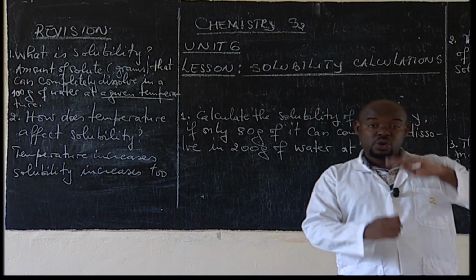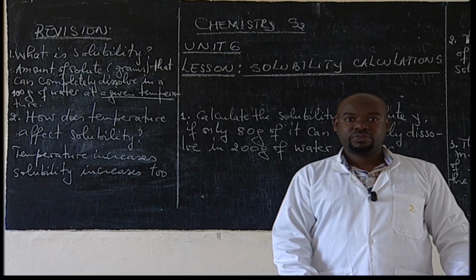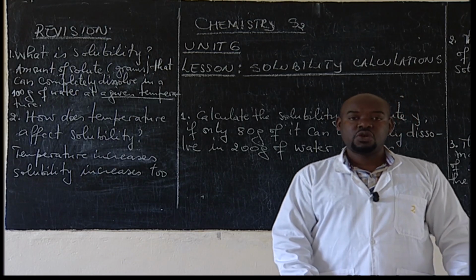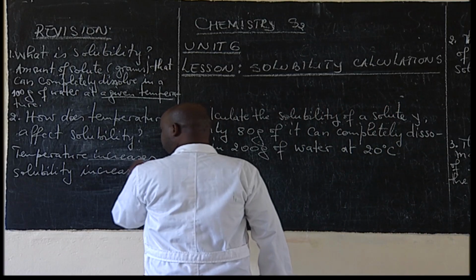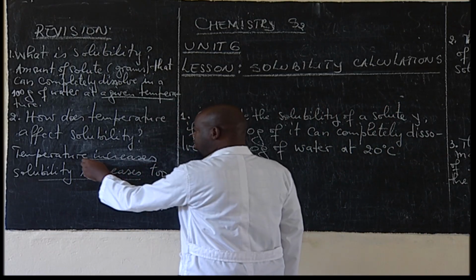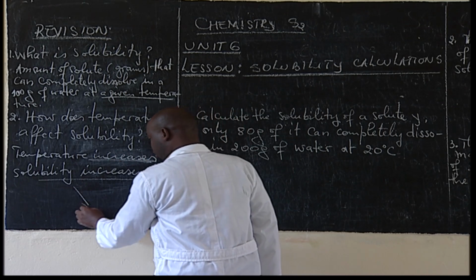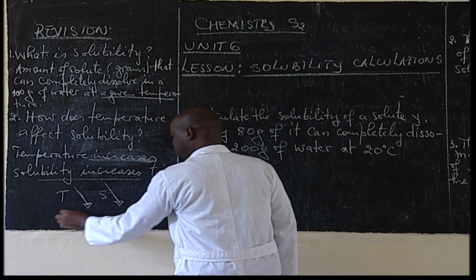When temperature increases, more solute can dissolve. And when you reduce temperature, less solute will dissolve. So, as temperature increases, solubility increases, and as temperature decreases, solubility also decreases.